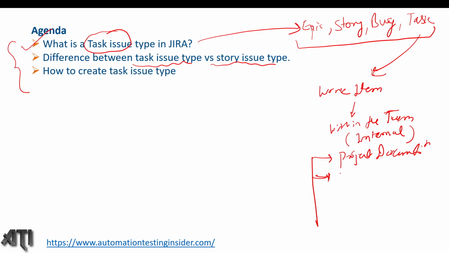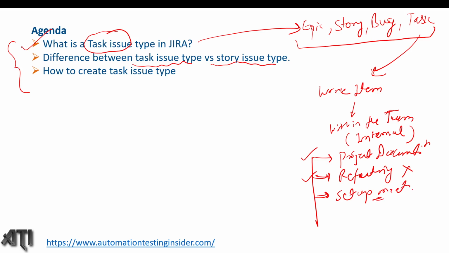Similarly, let's say you are doing code refactoring for any particular module, let's say X. You can create a task for that as well. Project documentation is a non-technical task, and this is a technical task. Another one could be setting up a meeting with another team, and you can assign it to any particular team member.